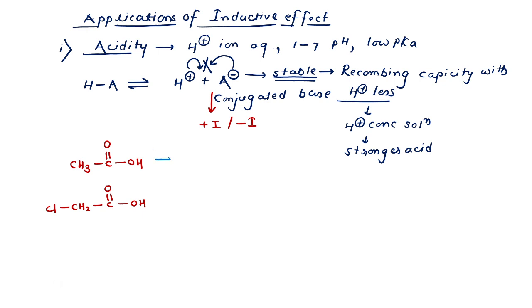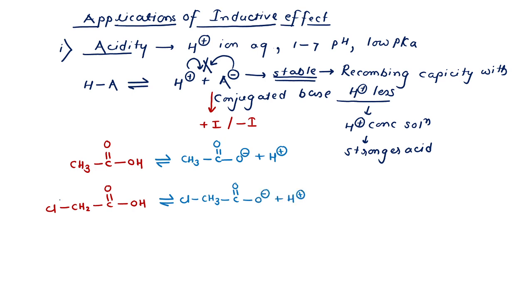Now if I dissociate it, everywhere when you have to prove acidity, definitely you have to think of the conjugated base and H plus ion. Here also, conjugated base and H plus ion.